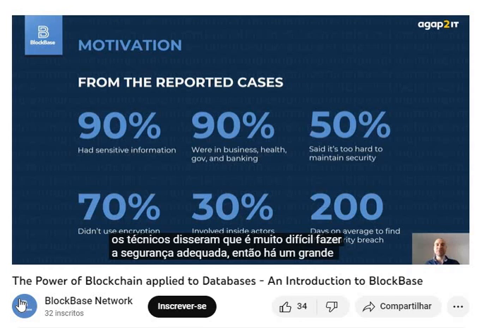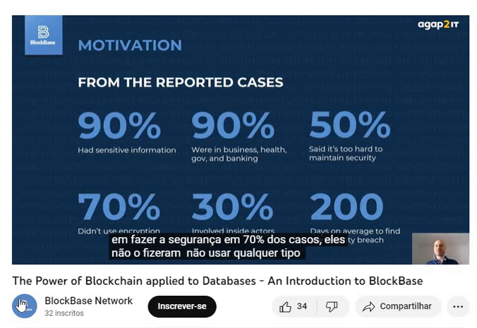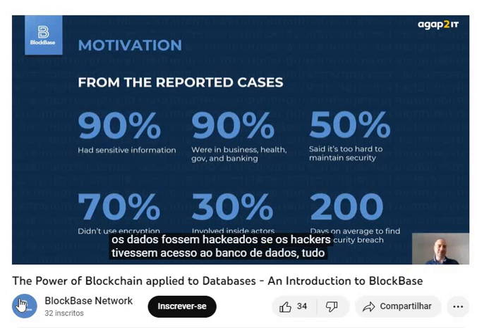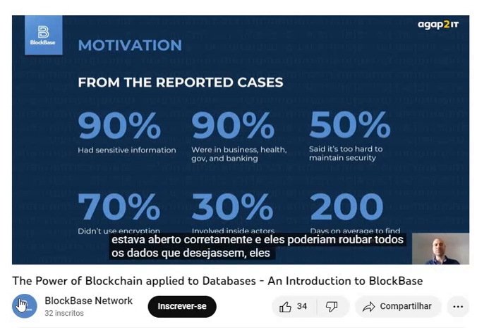So there's a big problem with doing security. In 70% of the cases, they didn't use any type of encryption. So if the hackers had access to the database, everything was open, and they could steal all the data they want and manipulate it and so forth.